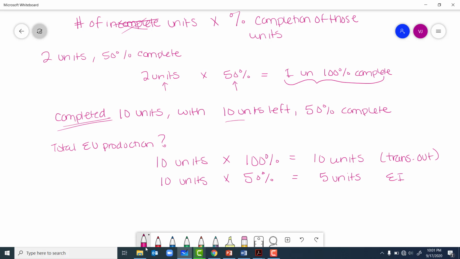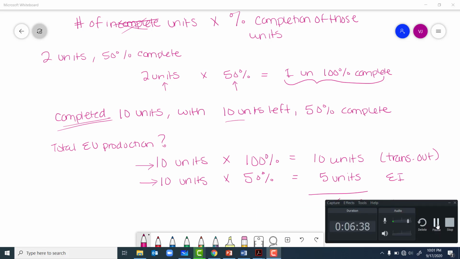So overall, the equivalent units of production here comes out to 15 units. So whatever money I spent so far to get not only these 10 units 100% complete, but these 10 units 50% complete, we could have taken all that money and completed 15 units 100%. Okay, so that's what that equivalent units is looking at.